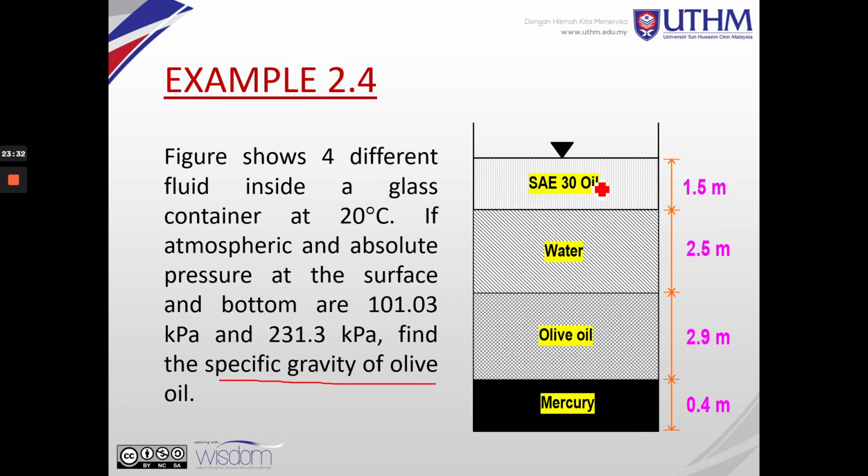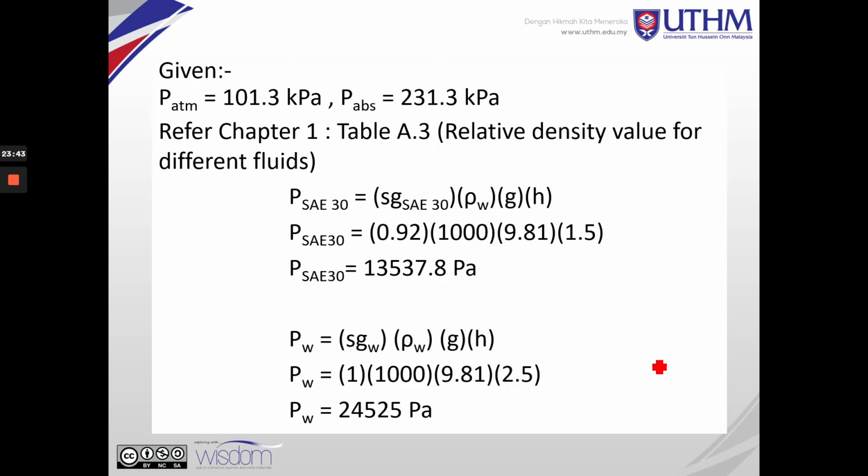We know the SAE oil has a height of 1.5 meters, water 2.5 meters, olive oil 2.9 meters, and mercury 0.4 meters. We are given P atmosphere of 101.3 kilopascal and P absolute of 231.3 kilopascal. Refer to chapter 1, or you can refer to another reference book.